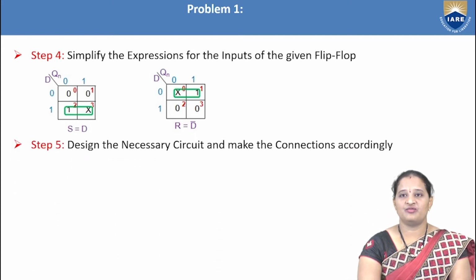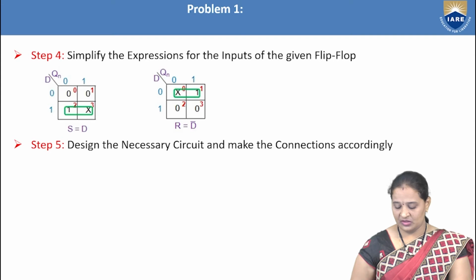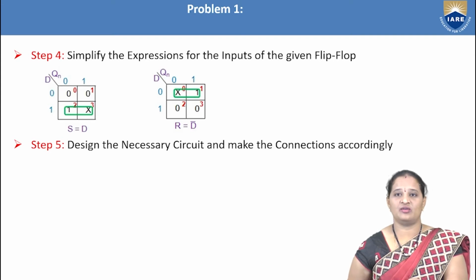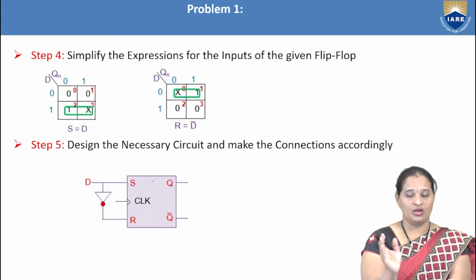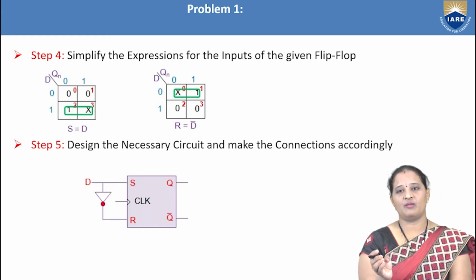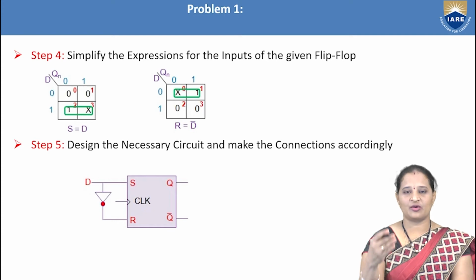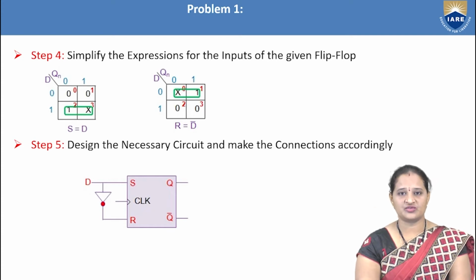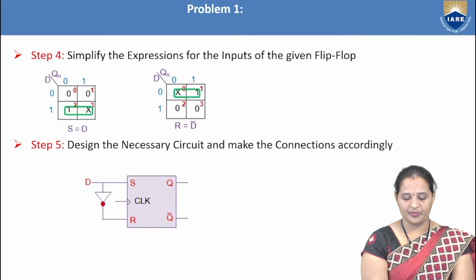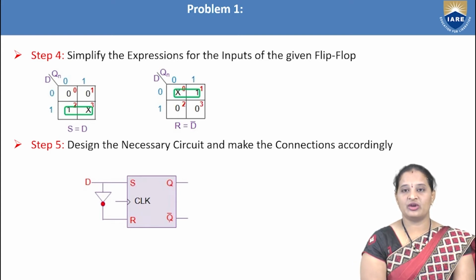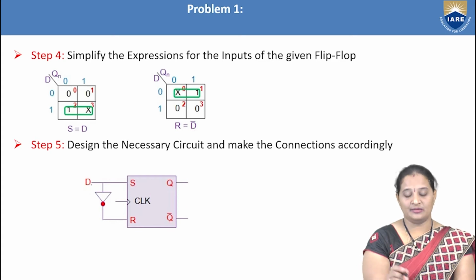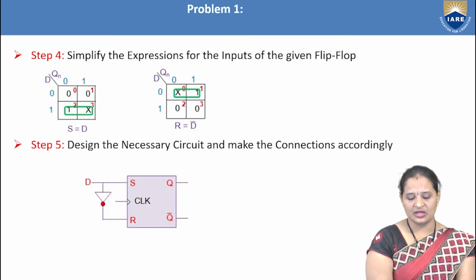Once it is done, we can draw the conversion, that is, we can draw the equivalent logic circuit like this. Always remember, take the given flip-flop first and provide the connections according to the simplified expressions which we have obtained in step 4. So SR flip-flop, S, R and the clock are the inputs, Q and Q bar are the outputs here, and S is equal to D. So I am taking D and directly connecting it to S, whereas R is equal to D complement.